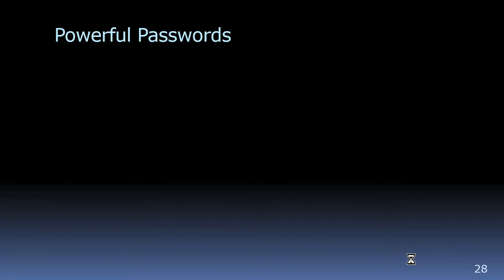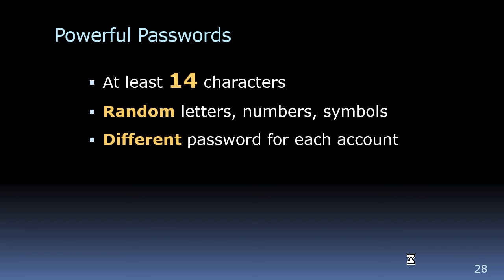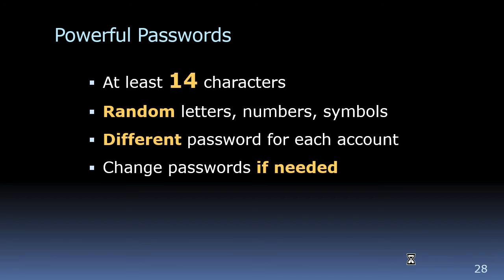Okay, good. And lastly, what we talked about last time was passwords. This is sometimes your only defense against the bad guys. So for your really important accounts, the accounts that involve money, your banks and your email accounts, use passwords with at least 14 characters. Use random letters if possible, numbers and symbols. Use a different password for each account and change the passwords not on a regular basis.